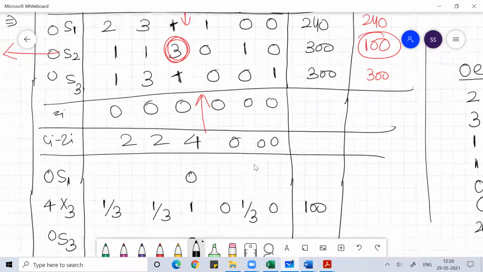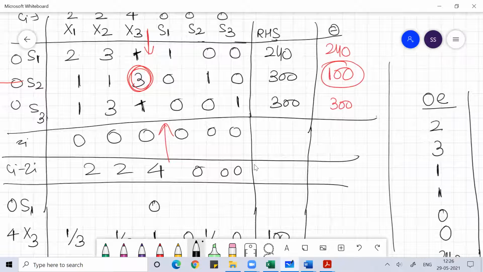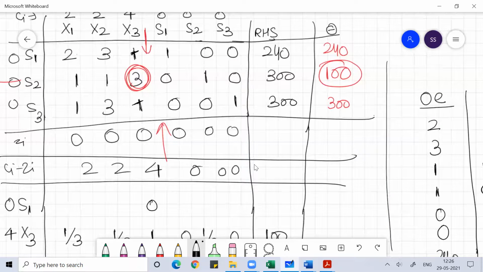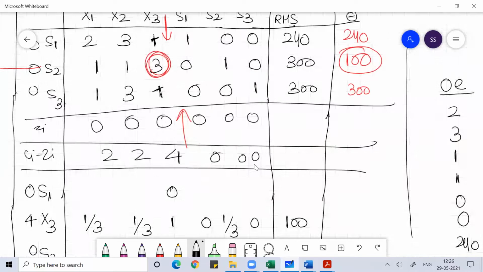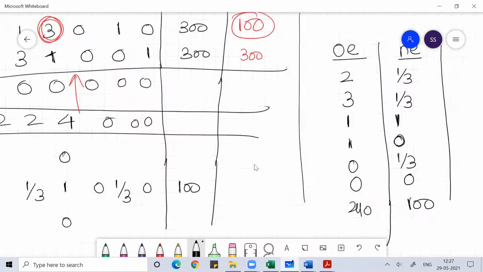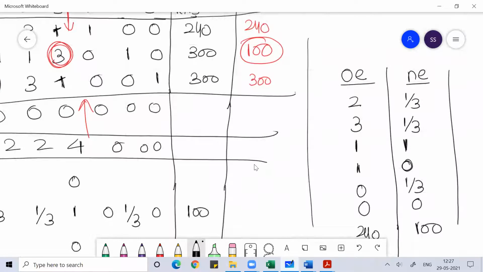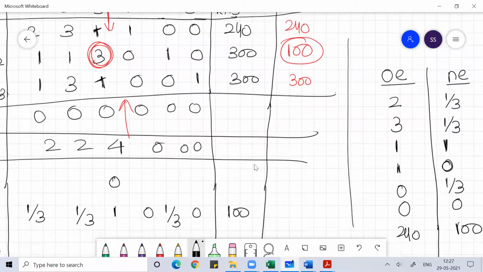And for this, if you see, the constant value is 1 only. We are finding S1, right? 2, 3, 1, 1, 0, 0, 240.